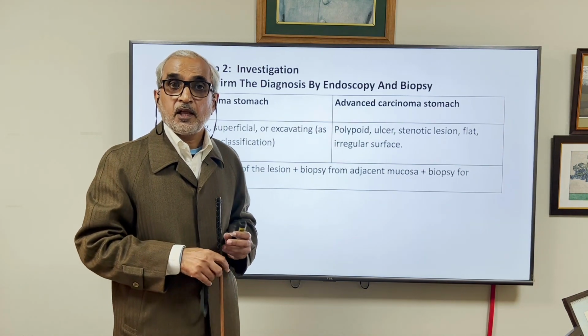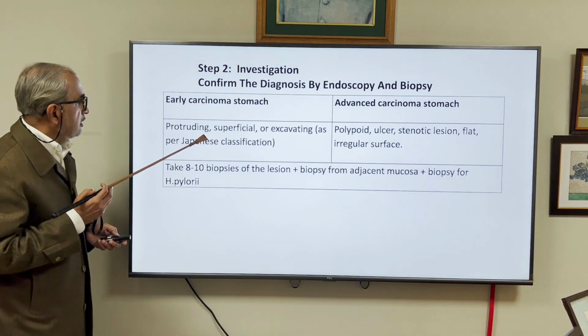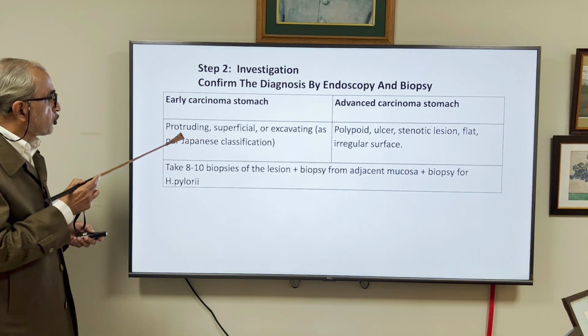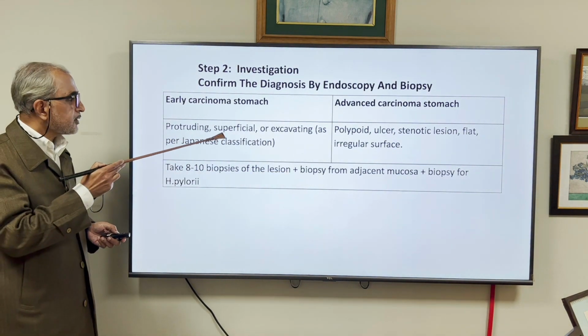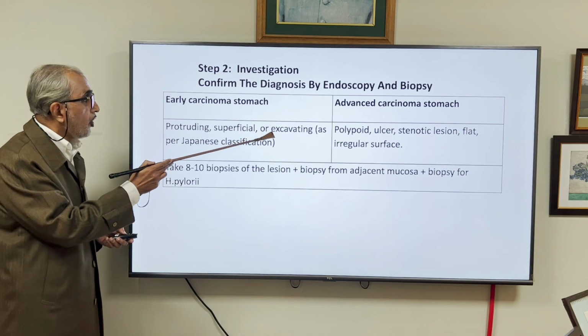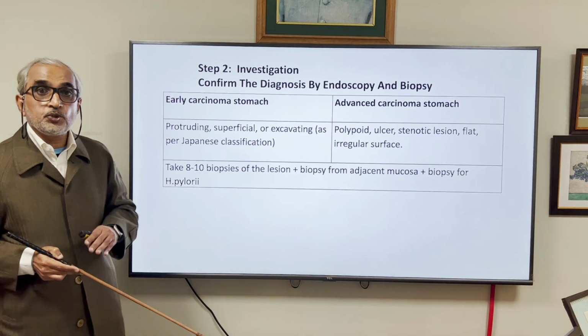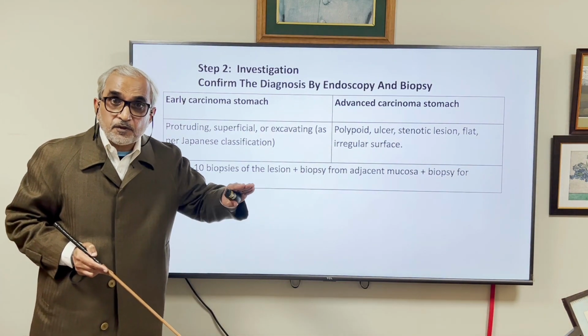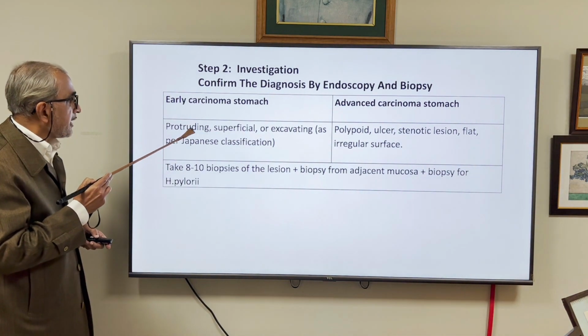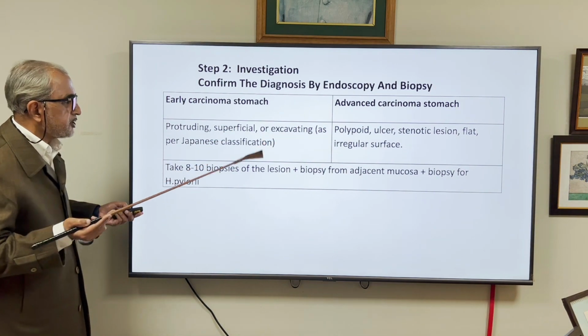So in endoscopy, you may find it protruding above the surface, superficial to the surface, or excavating the surface.